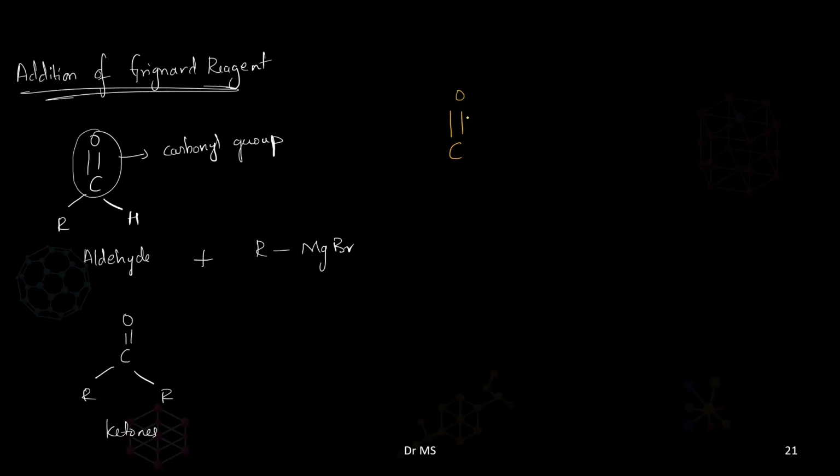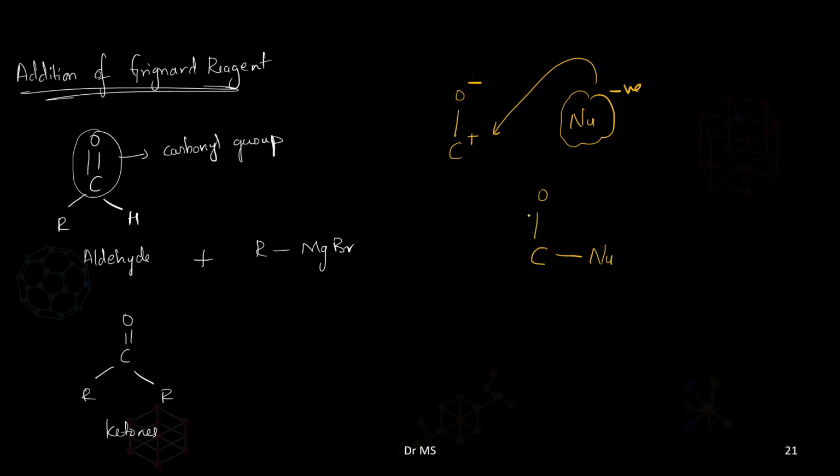It will pull the electrons towards it and become partially negative, and the carbon will turn out positive. A nucleophile is a negatively charged molecule and it loves the positive charge, so it will attack this carbonyl carbon.